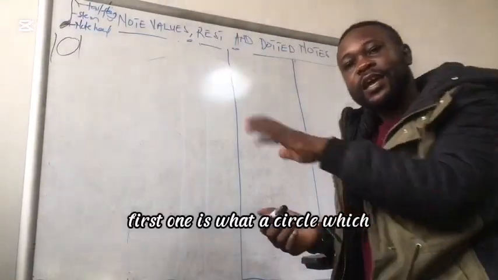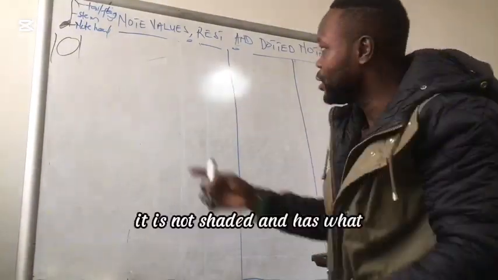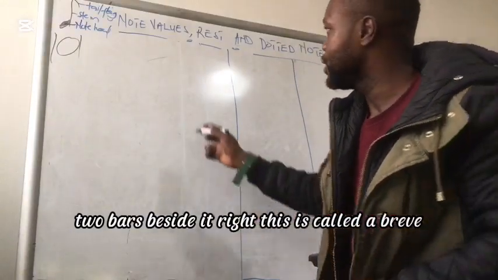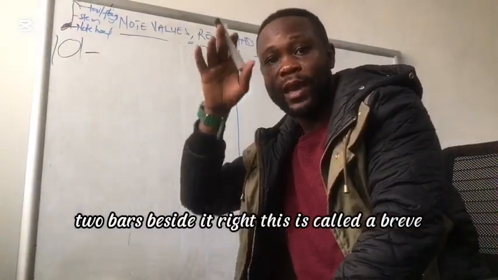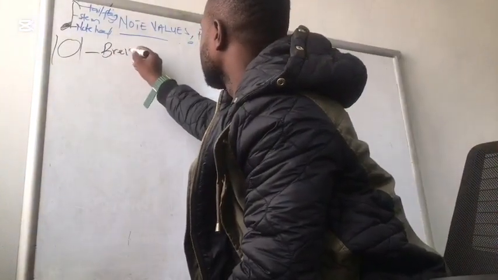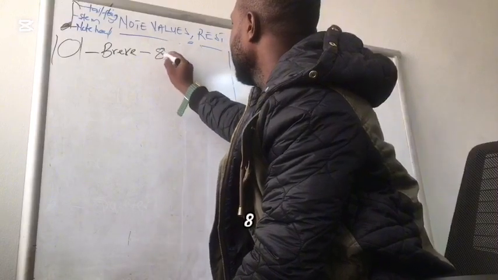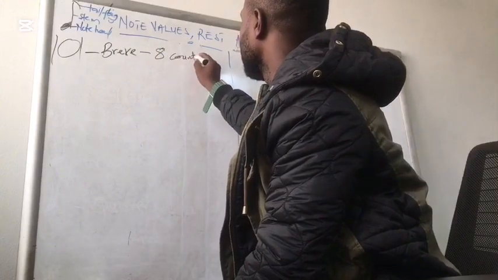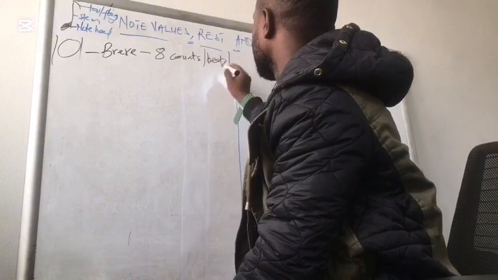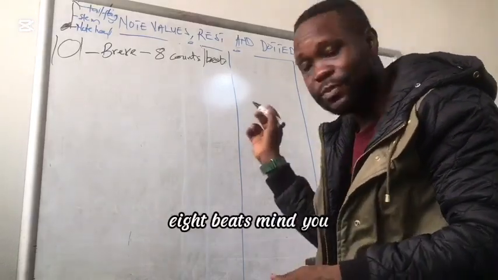First one is a circle, which we will not say a circle, we will say a note head. It is not shaded and has two bars beside it. This is called a breve. The breve has 8 counts or 8 beats.